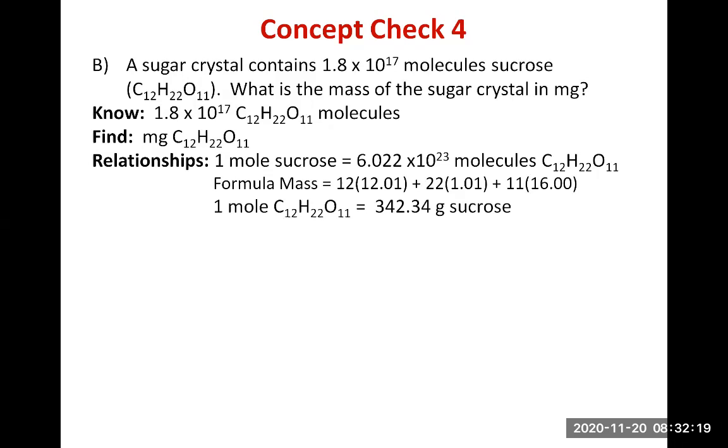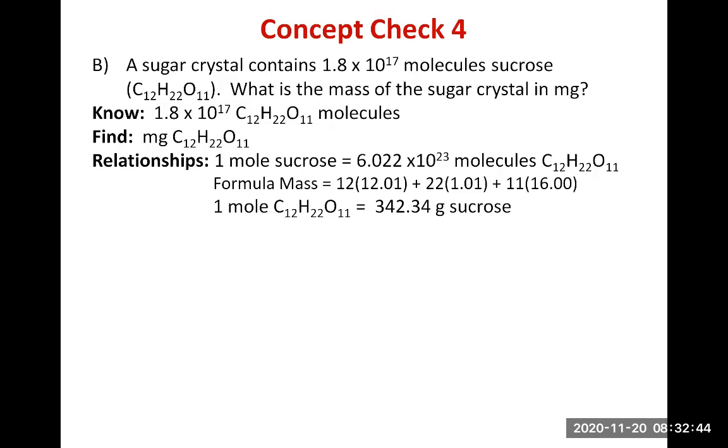Above it says formula mass. Formula mass corresponds to the mass of one molecule. But if you change the units of atomic mass unit, then you change that to grams per mole, then you get the molar mass. And so 1 mole of C12H22O11 has a mass of 342.34 grams of sucrose.